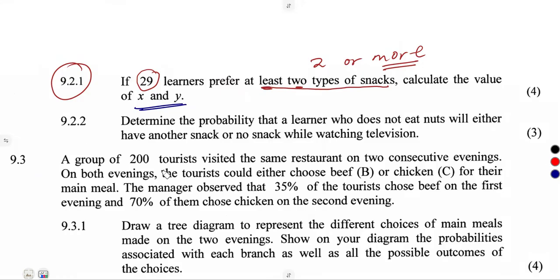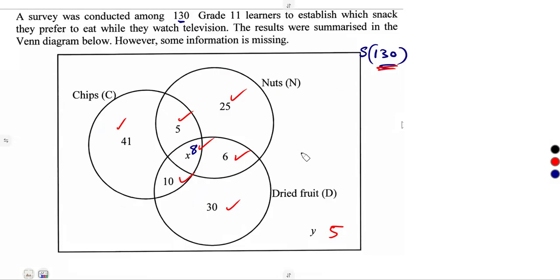On another section, that is 9.2.2, determine the probability that a learner who does not eat nuts will either have other snacks or no snack at all while watching the television. The person who does not eat nuts.